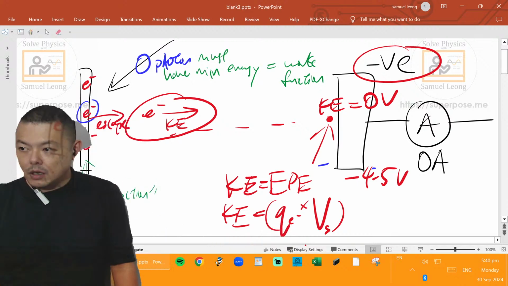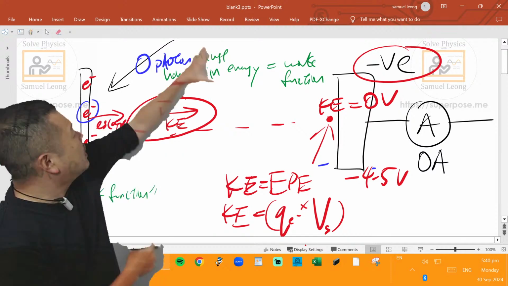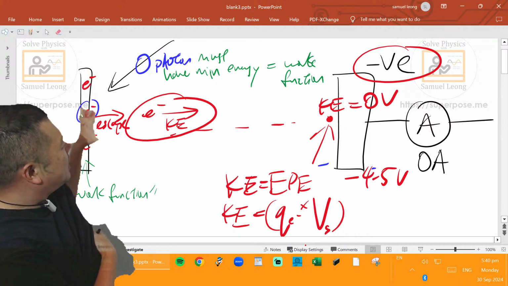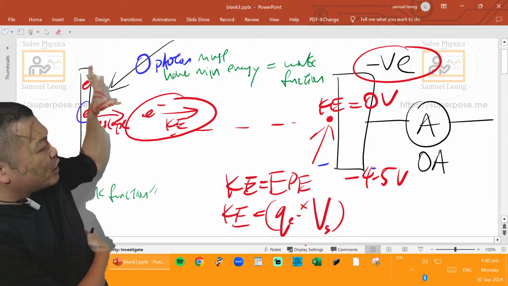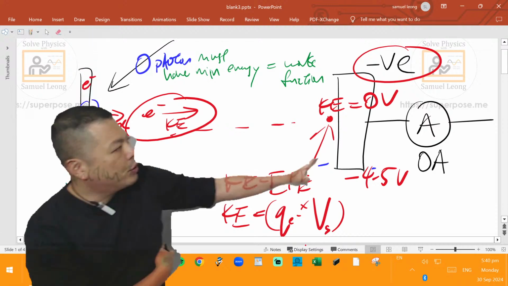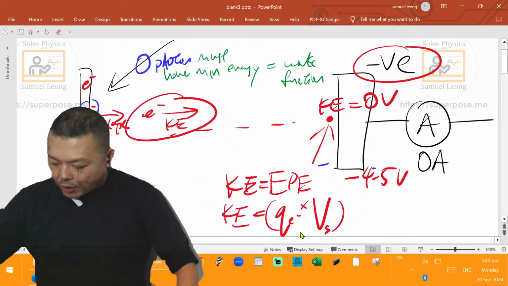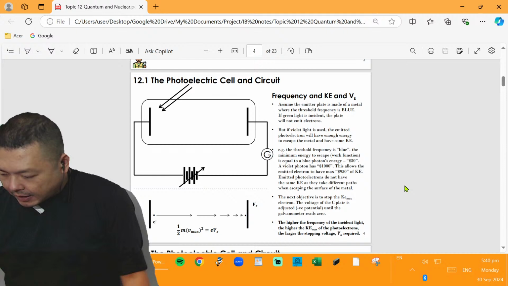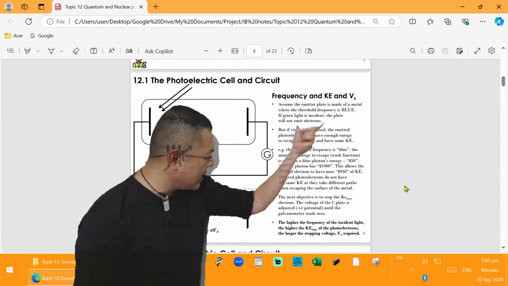Okay? All right. So to tie up the whole first relationship, if you increase the frequency, the photoelectron will have more KE. In order to stop the even higher KE photoelectron, you need to make the stopping voltage even more negative. So on my notes, I summarized the relationship between frequency, KE, and Vs at the bottom here.